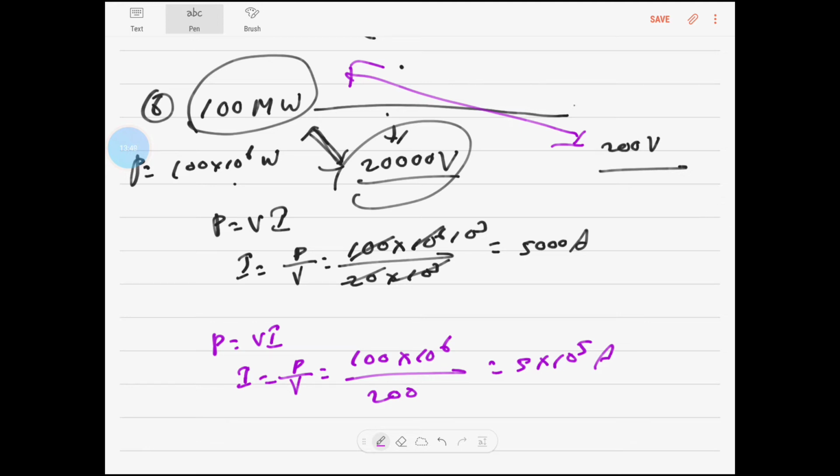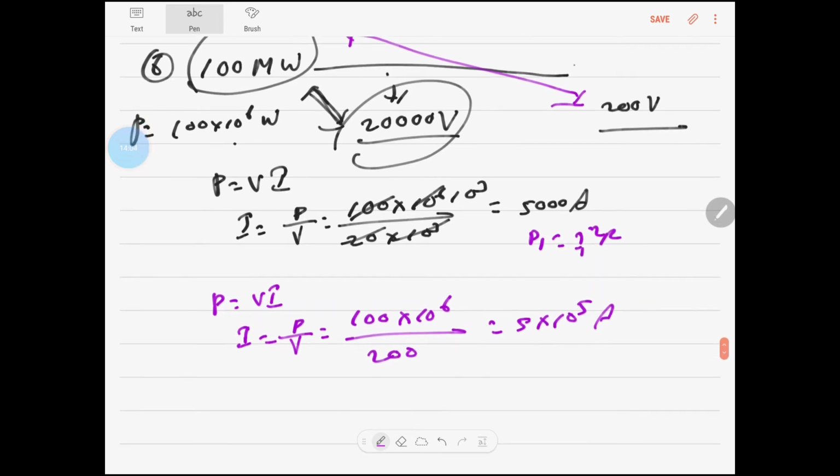Once you get the values of current, these are all normal connections, so you can just use I square R. P1 is equal to I1 square R, and in this case power is I2 square R. You can find the power consumed using I1 square R and I2 square R. Since you found the current, it's 5000 the whole square into the resistance.